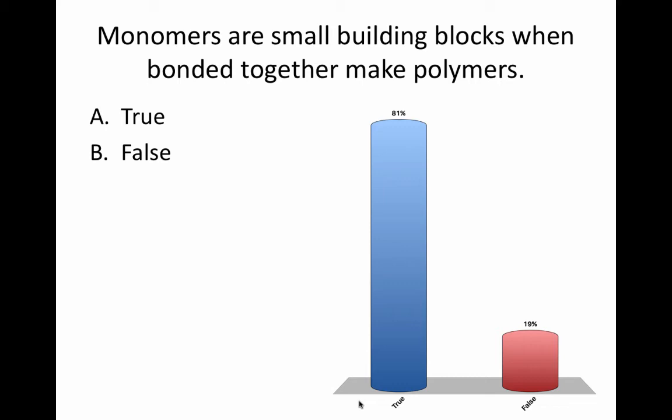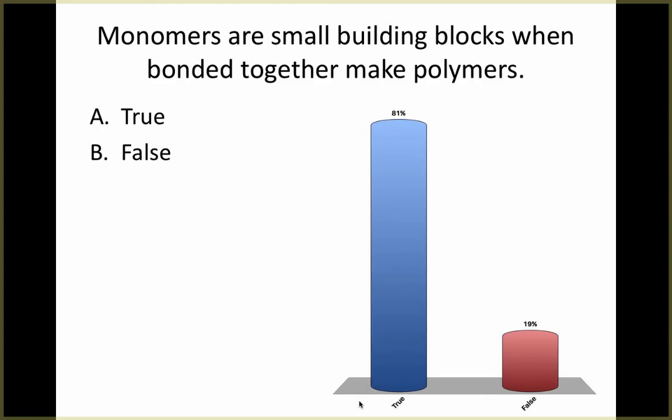As the last one showed, it was not right. So monomers are small building blocks that when bonded together make polymers. Is this true or is this false? This one, you can agree with the poll, and it is true.